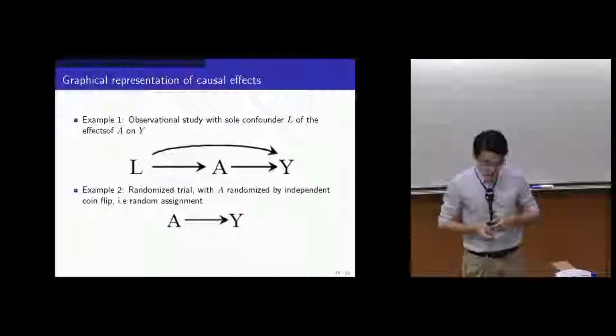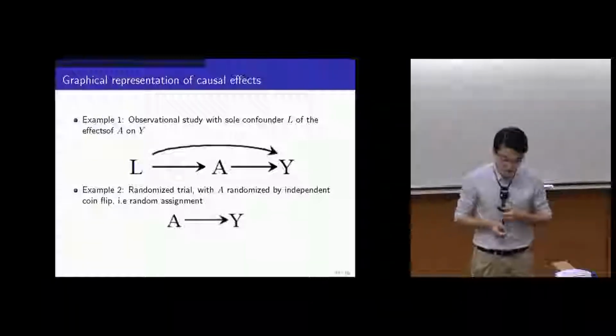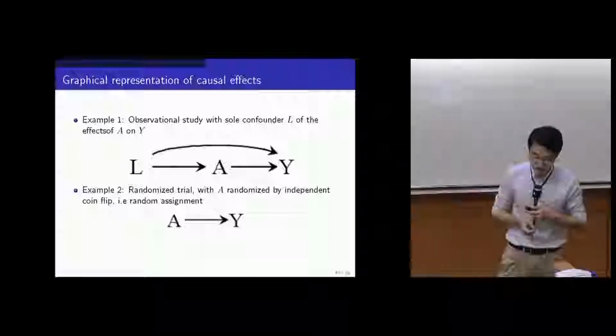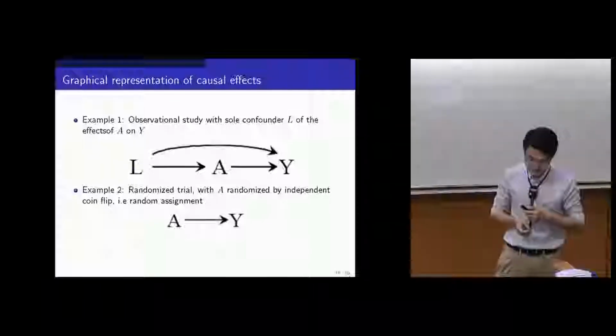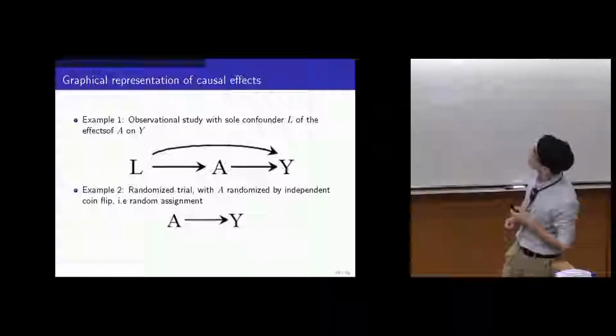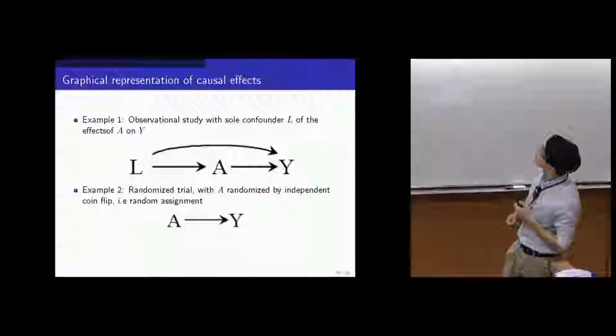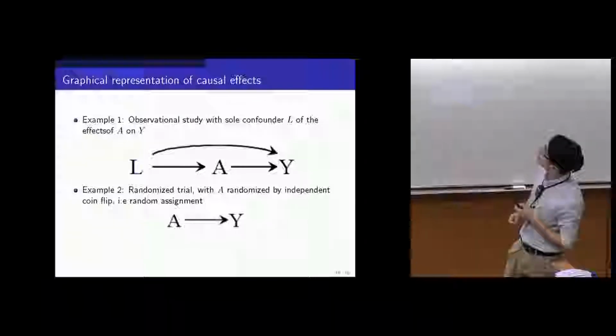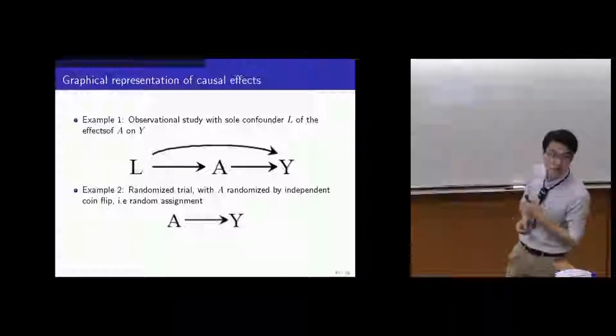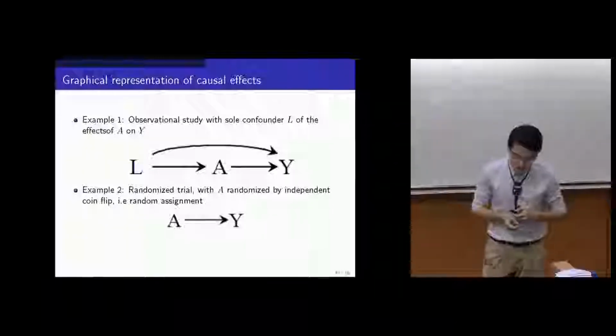So for example, here we have an observational study where L is a confounder of the effect of A on Y. Right? So here we assume that the treatment has a causal effect on the outcome, and then the confounder itself has a causal effect on both the treatment and the outcome. Okay?